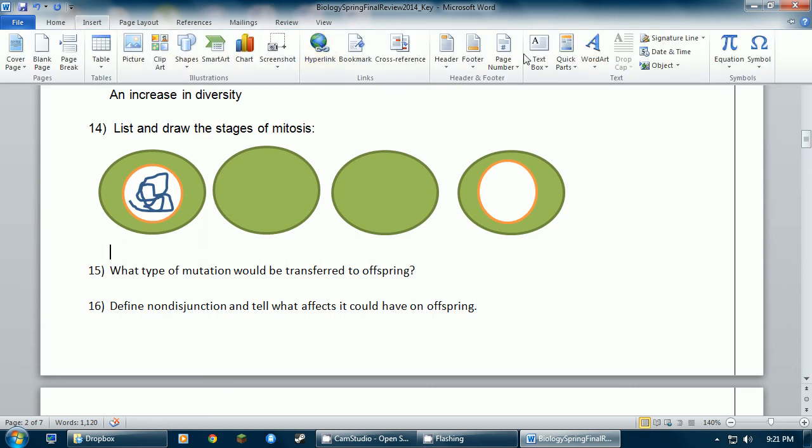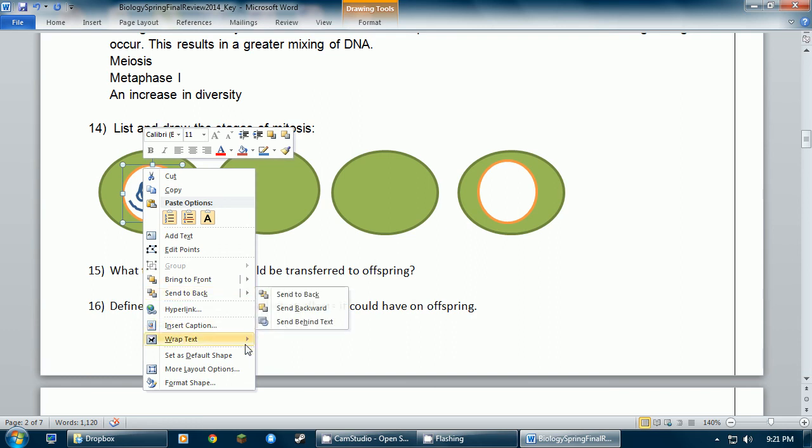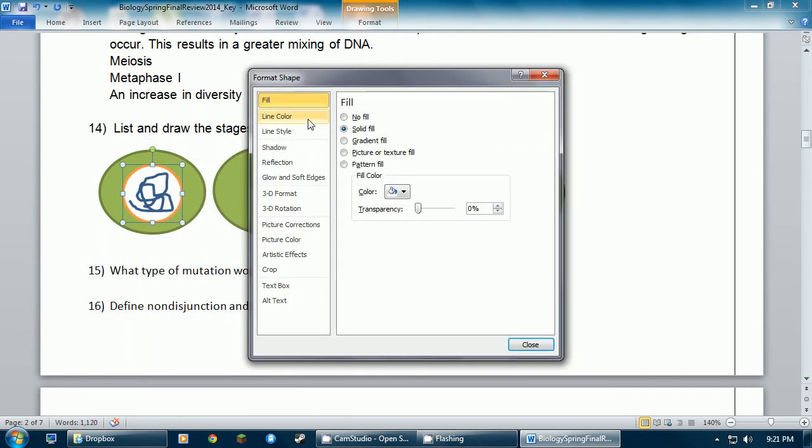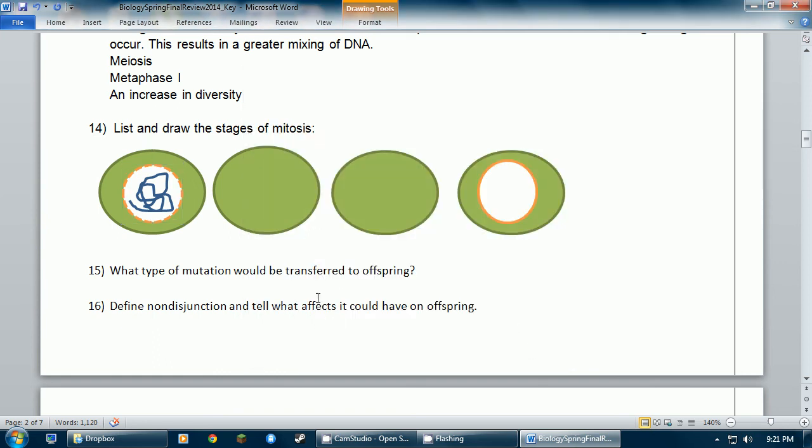I'm not really sure how to show the nucleus disappearing. Can I make that a dotted line? I might. Dash type. Yes, I can. And there we go. Got it. Cool. So the nucleus is starting to disappear.